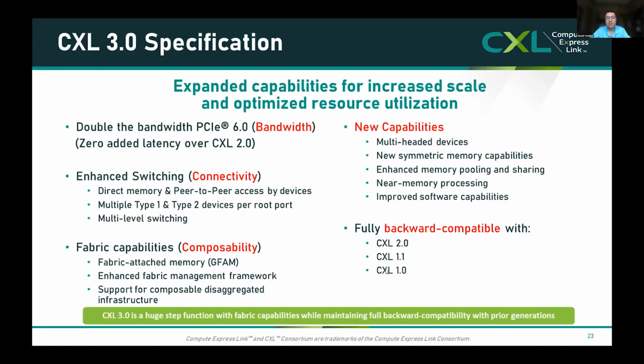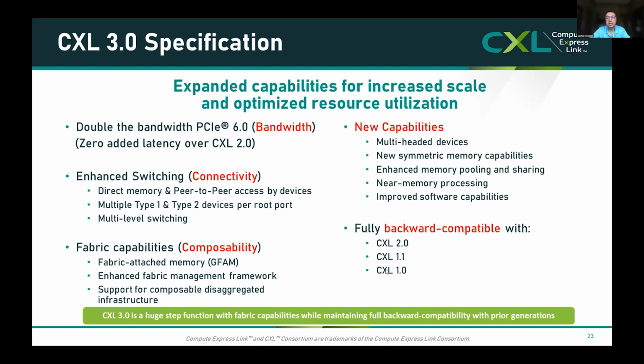CXL has been growing. It has doubled the bandwidth from CXL 2.0 to 3.0 using the PCIe 6.0 bitrate of 64 gigatransfers per second. It has increased the connectivity through switching, the description of fabrics, and it has captured ways for us system guys to compose systems from disaggregated computing.